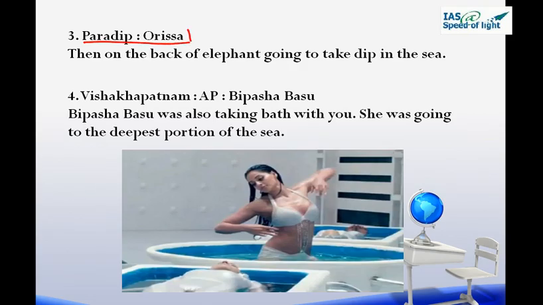It's a seaport in Odisha on the eastern coast. Paradip, dip, Paradip becomes a dip or your dip in the sea water on the elephant. So on the back of the elephant going to take a dip in the sea.